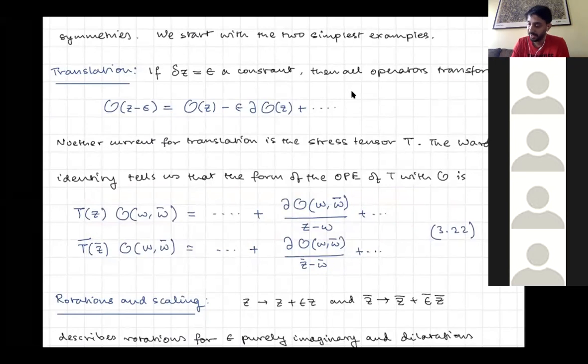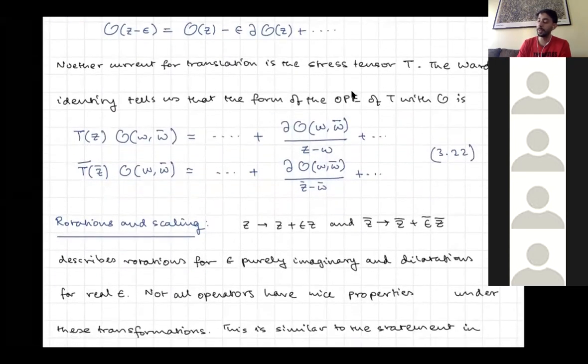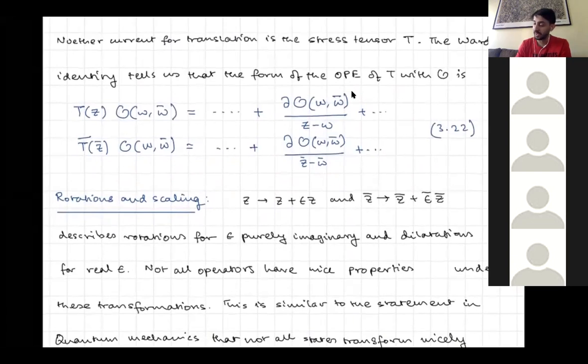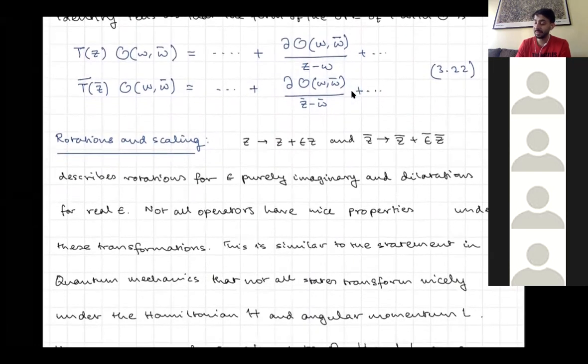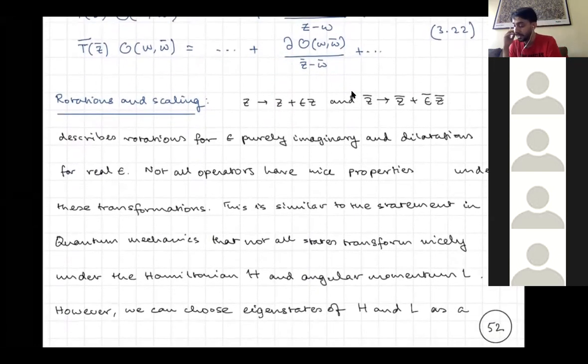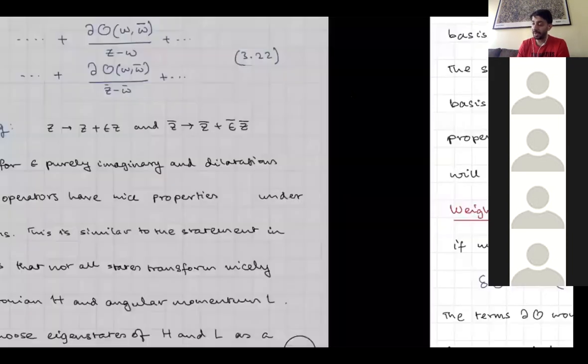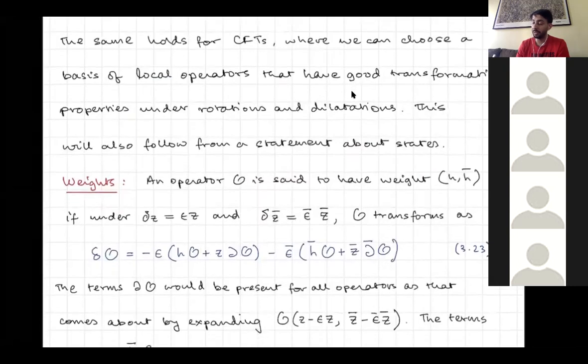So that's one piece that you can get simply by doing this. When you have delta z equal to epsilon, you can do similar things for rotations and scaling, when z goes to z plus epsilon z. Not all operators will have nice properties under rotations and dilatations, but we are going to choose a basis such that these operators transform in this way. Then your h and h bar are going to be the weights.